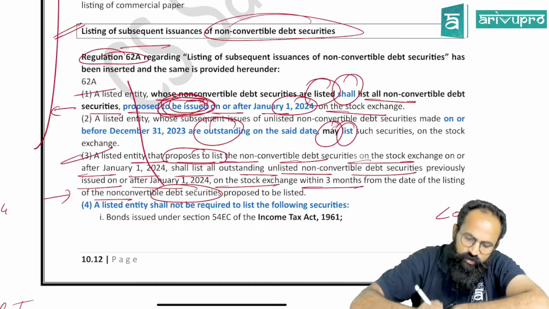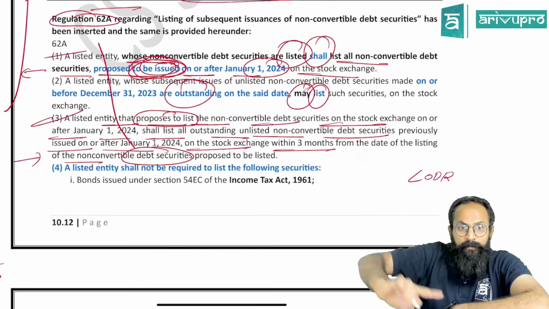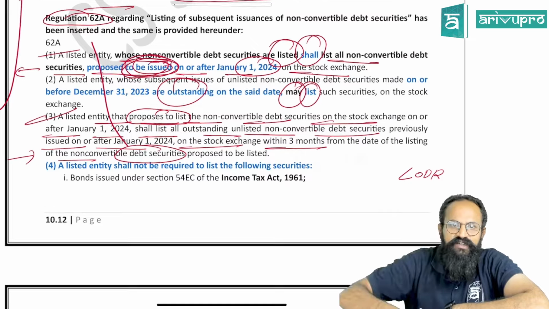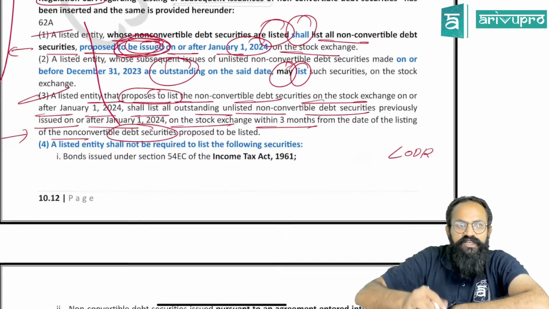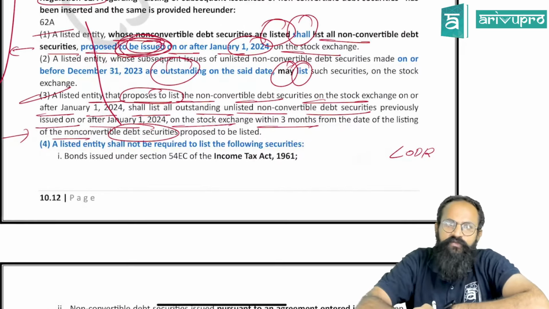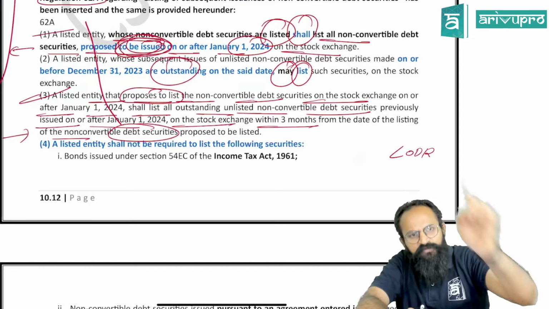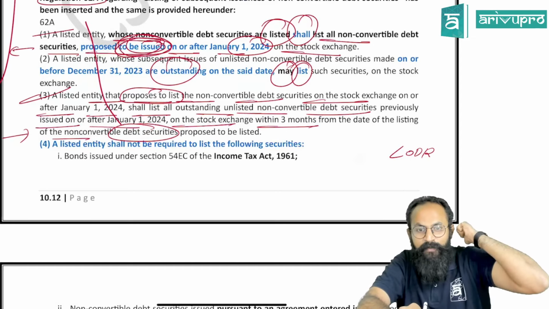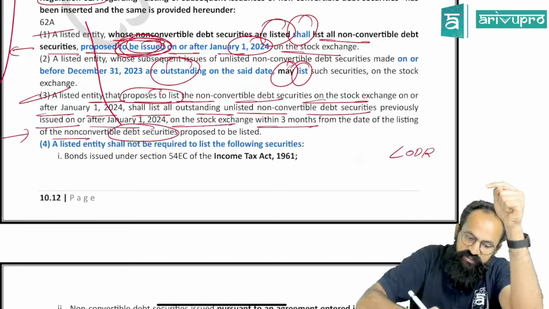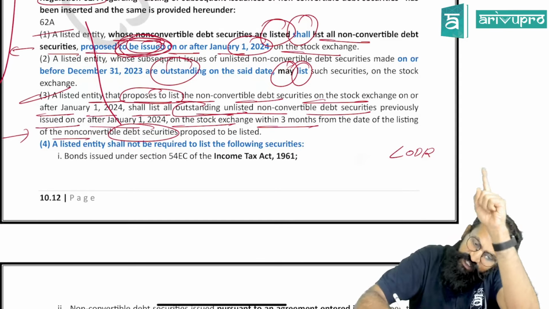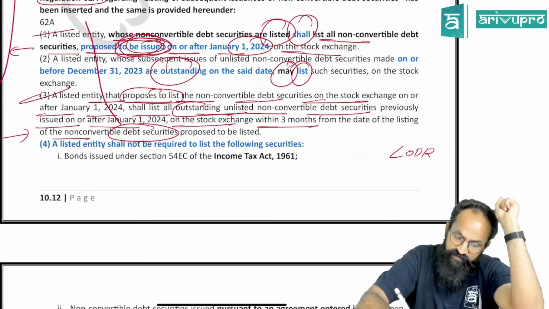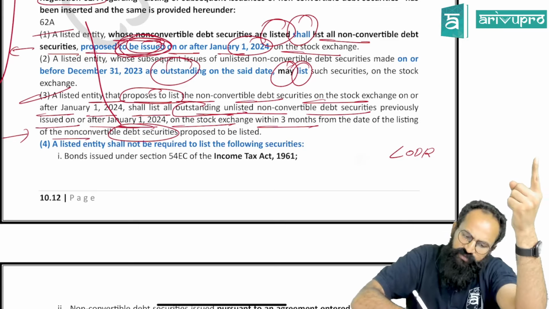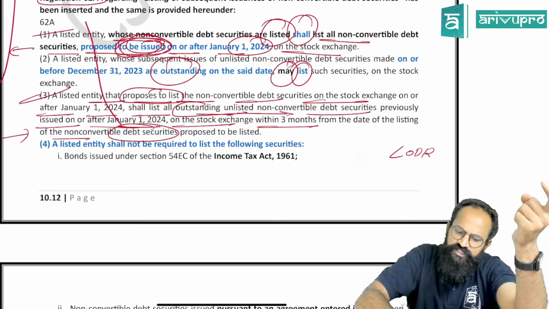Then a listed entity that proposes to list non-convertible debt securities on the stock exchange on or after Jan 1st, 2024, so after this day, if you want to list any of your past securities, shall list all outstanding unlisted non-convertible debt securities previously issued on or after Jan 1st, 2024 on the stock exchange within 3 months.